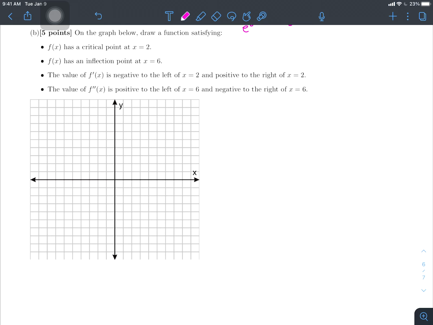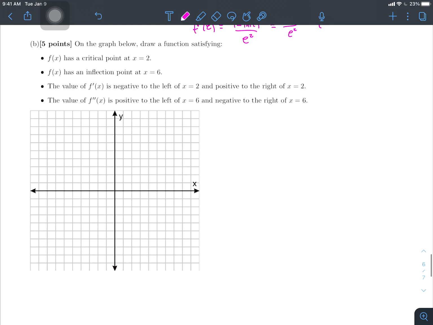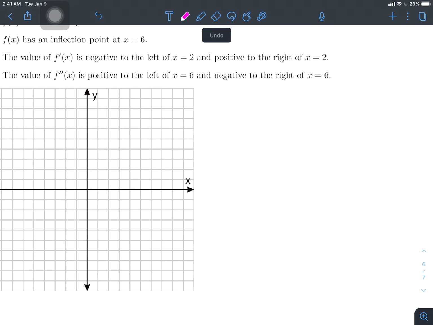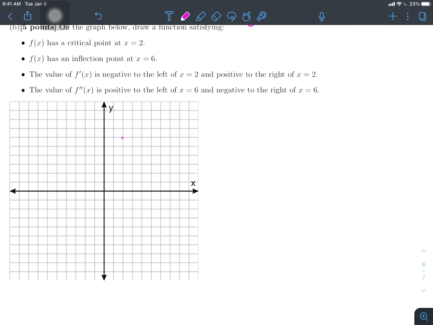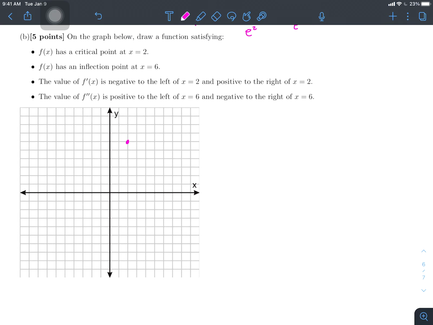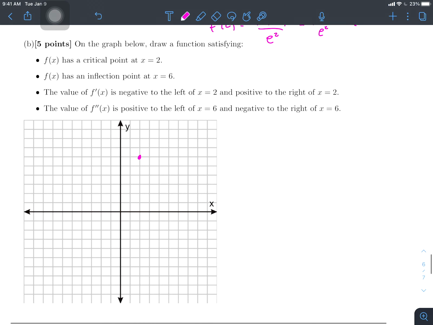So let's pick a height for our point at x equals 2. They don't specify what the height of the function should be. They just tell us that there's a critical point there.